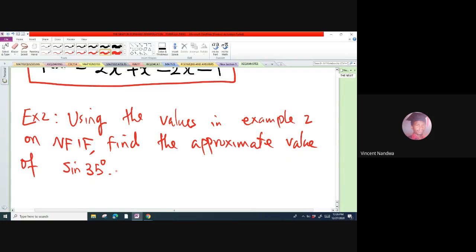So I'm not going to redraw the table. I'll just go back and refer to it and see how we need to proceed.